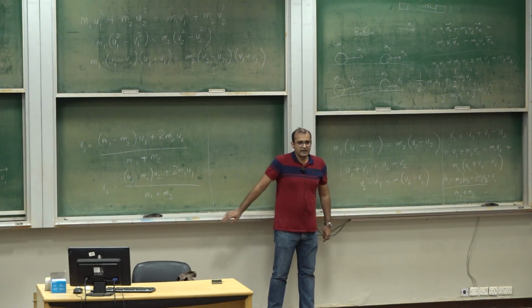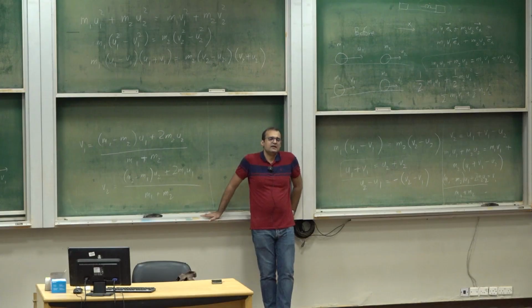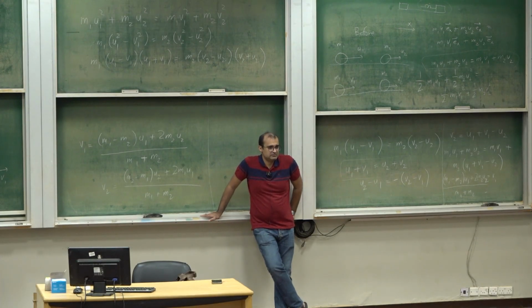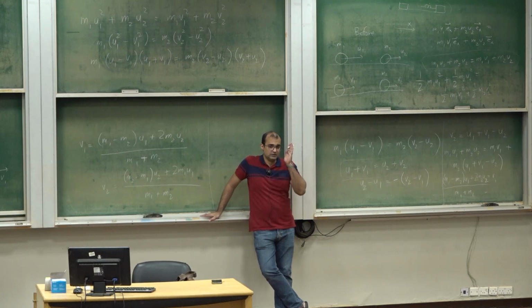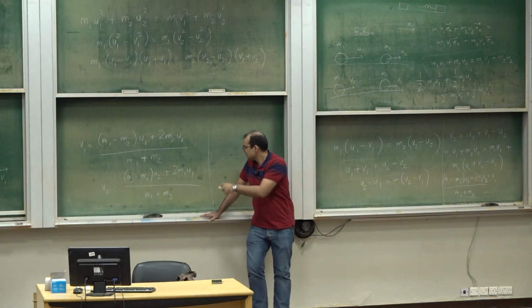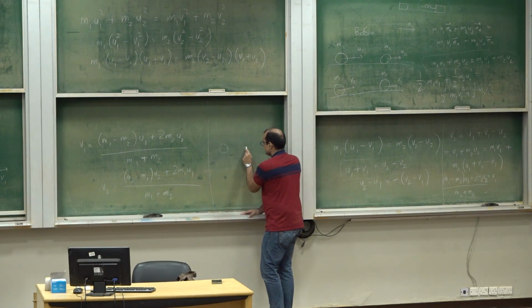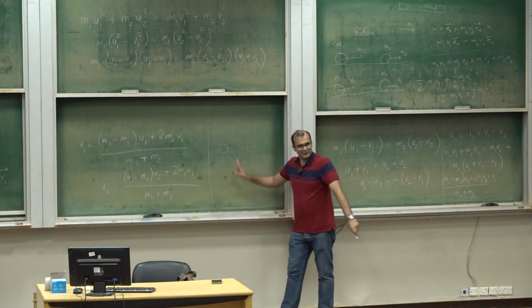If you do that, first you say V2 from here, V2 is equal to U1 plus V1 minus U2. Then you plug this into your conservation of momentum equation and you get M1 U1 plus M2 U2 equals M1 V1 plus M2 times V2, which is U1 plus V1 minus U2.